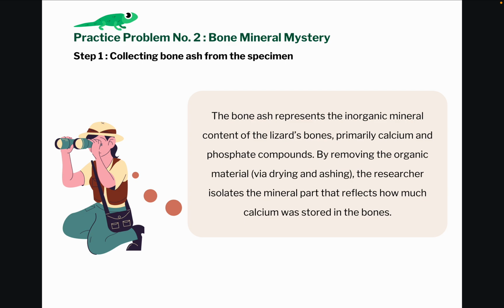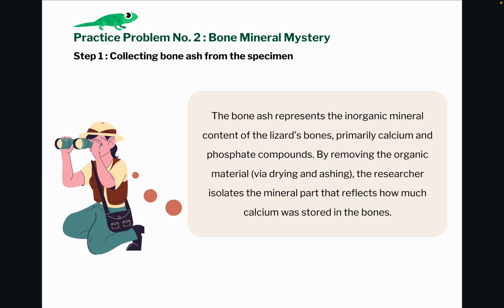For step 1, collecting the bone ash from the specimen ensures that the mass measurements are meaningful for mineral content, not confused by soft tissues or other organic material, which can serve as interferences or eventually affect your results. Bone ash analysis is a straightforward method for determination of the mineral content of bone tissue.